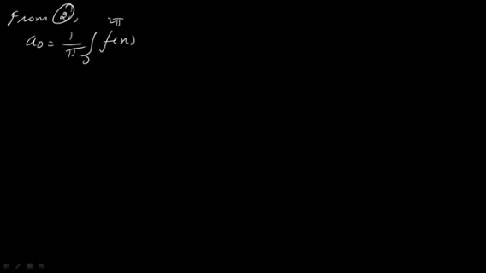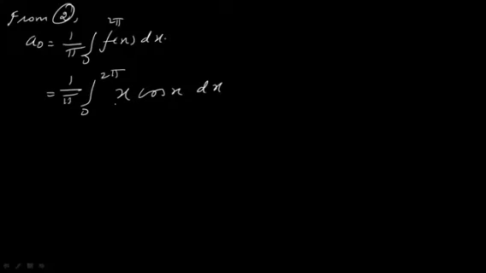Okay, let me first calculate the value of a0. From equation 2, a0 is equal to 1 by pi integral 0 to 2 pi f of x dx. So that is equal to 1 by pi integral 0 to 2 pi of the given function, x cos x dx.